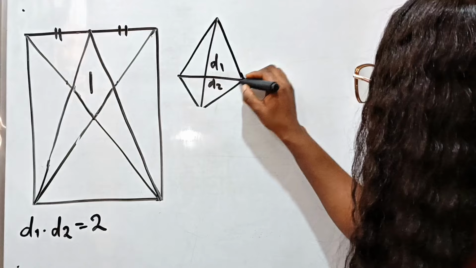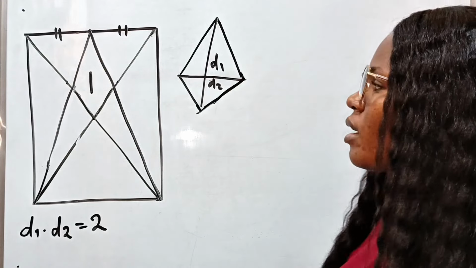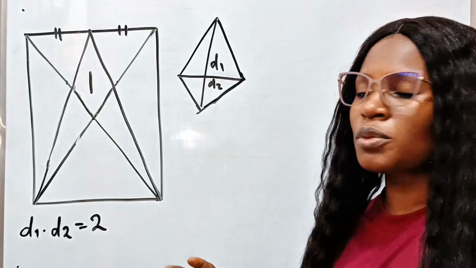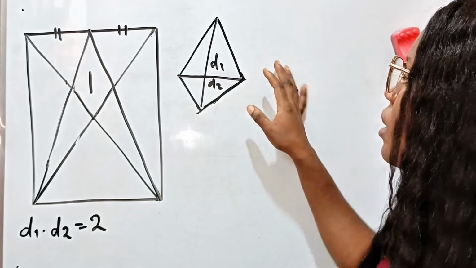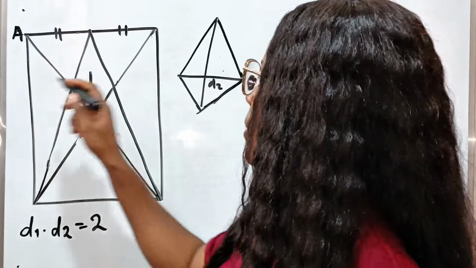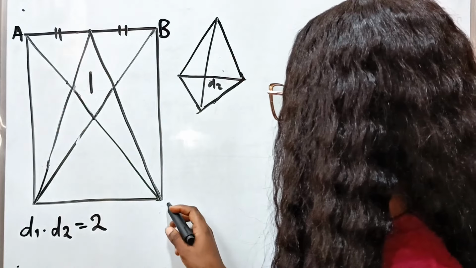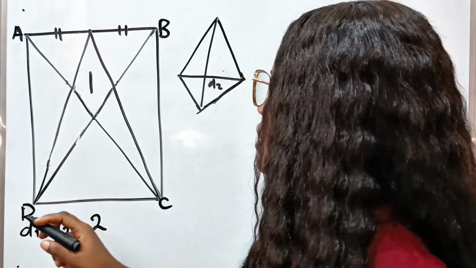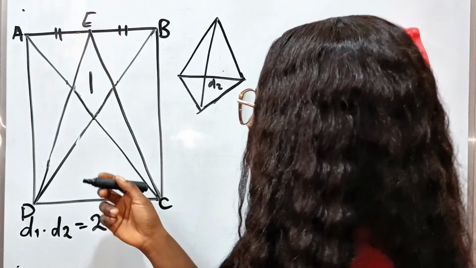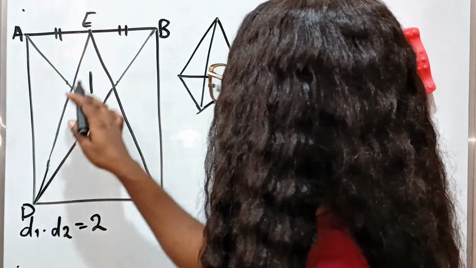Now, remember that this is the only information given to us, so we don't have any other option than to work with it. Let us call this A, B, C, D, E. Which other points are very important now?